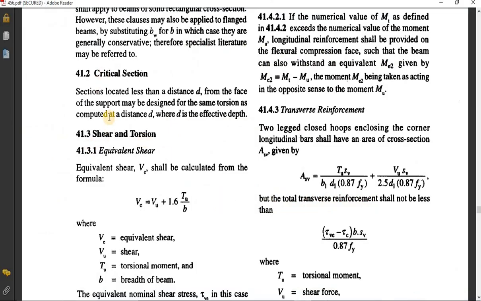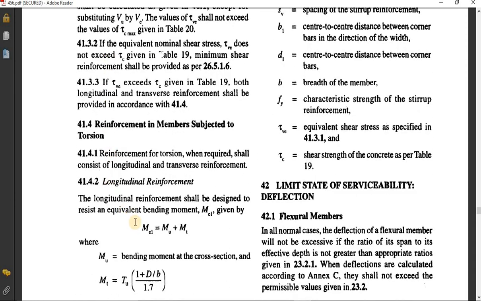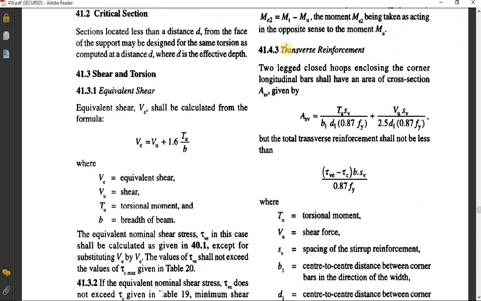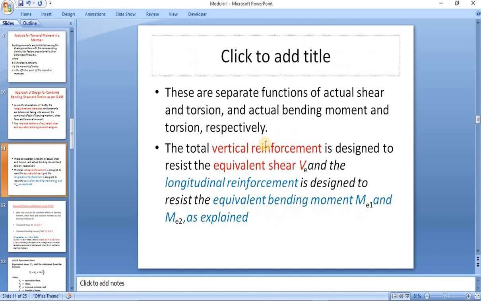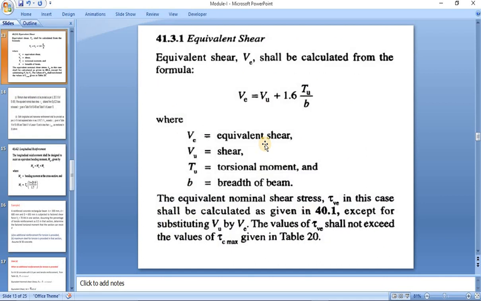Longitudinal reinforcement is to be provided by using 41.4, and 41.4.3 transverse reinforcement is to be provided by using this formula. Further, equivalent shear is to be calculated, as I have shown in the formula 41.3.1 and 41.4.2. Similarly, this is the formula which is given in 41.3.1.